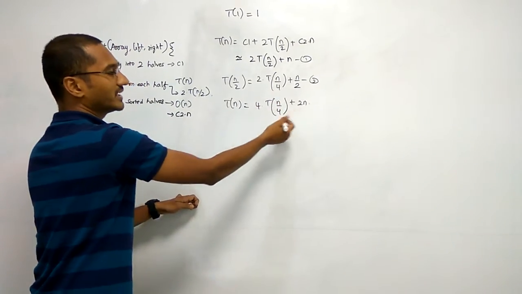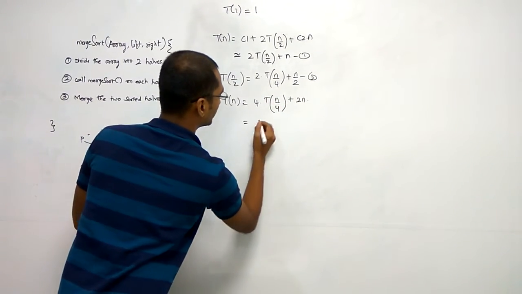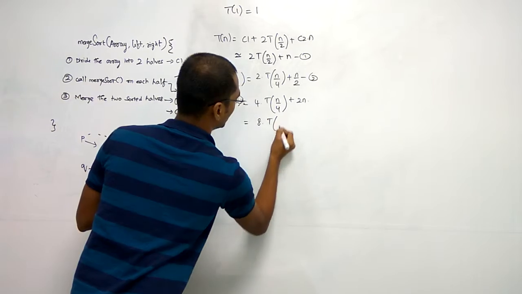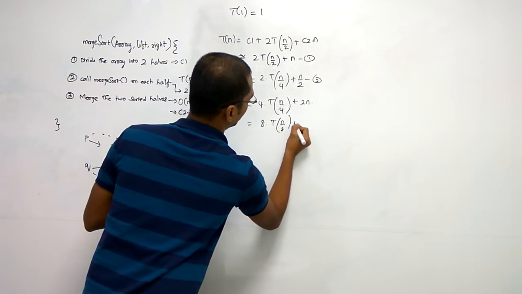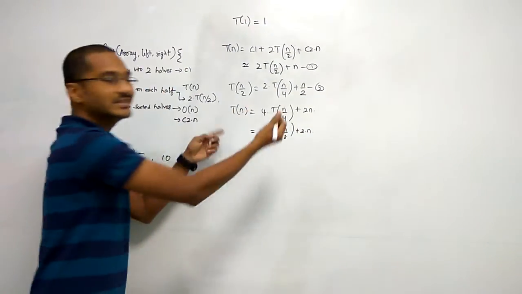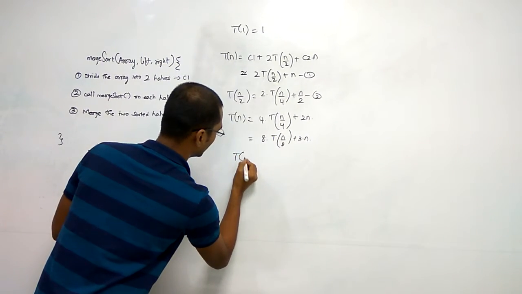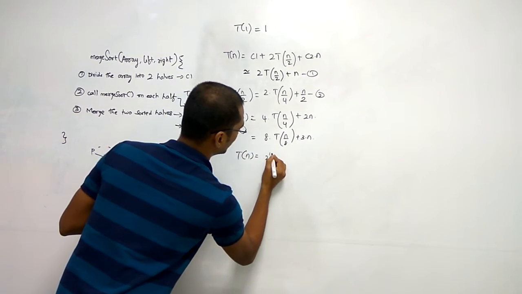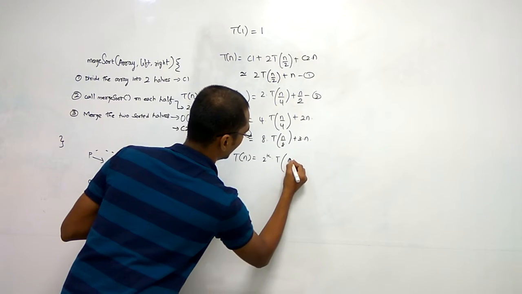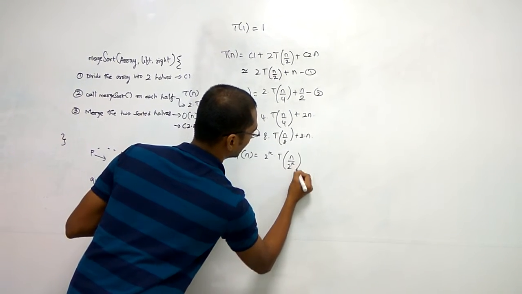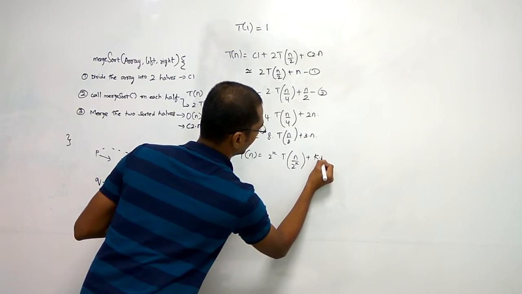Now expanding recursively T of n by 4, we would be getting something like 8 times T of n by 8 plus 3n. To write this in a more generic way, we can say T of n is equal to 2 power k T of n by 2 power k plus k into n.